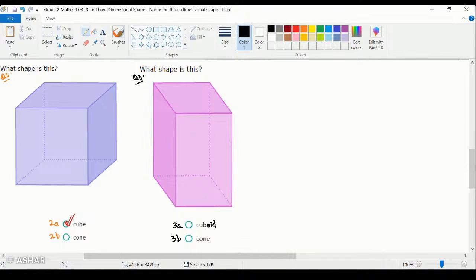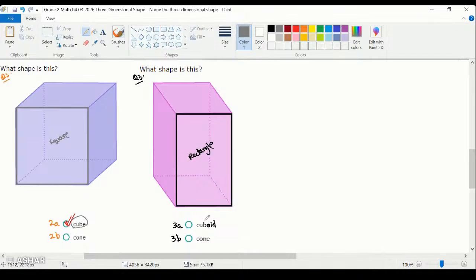Perfect. A box formed by a rectangle is known as, this shape was rectangle, right? And in the previous question, the shape was a square. A square always forms a cube, and a rectangle always forms a... Perfect. Thank you, Precious, May, Michael. Okay, that is a cuboid.